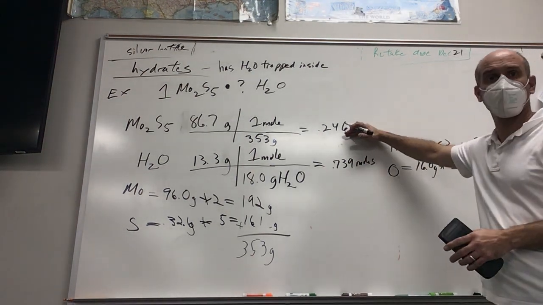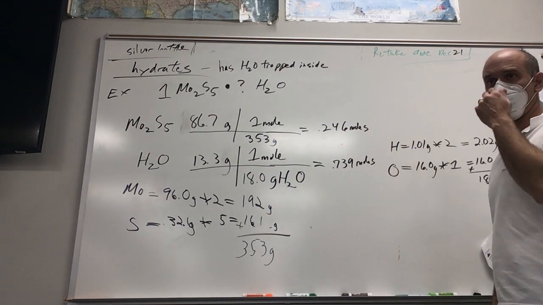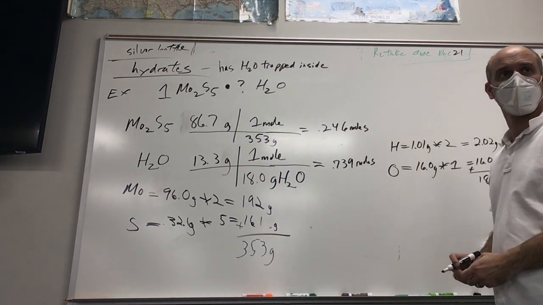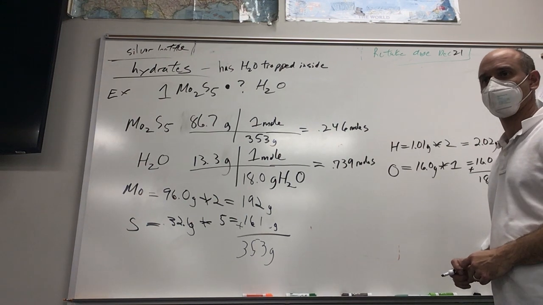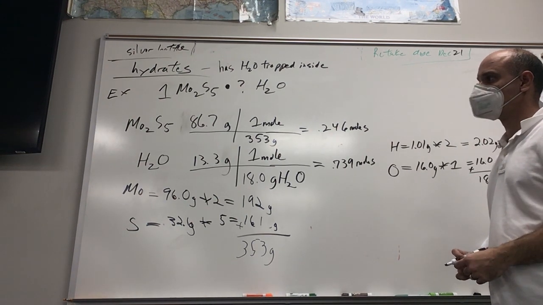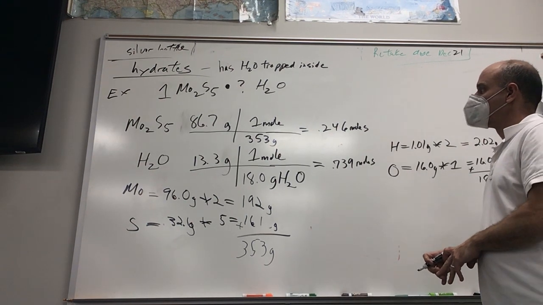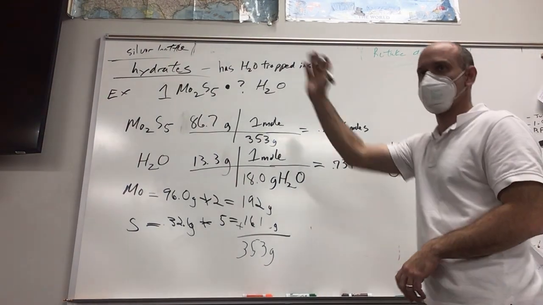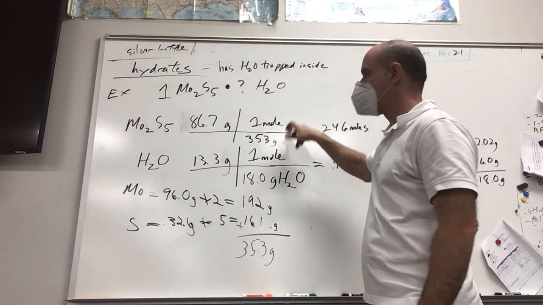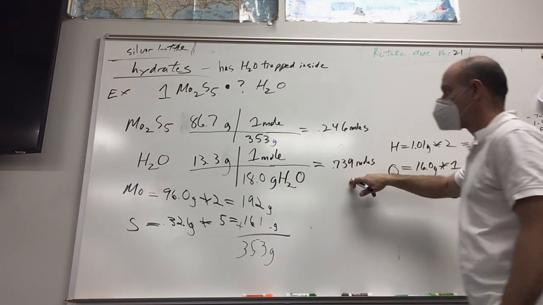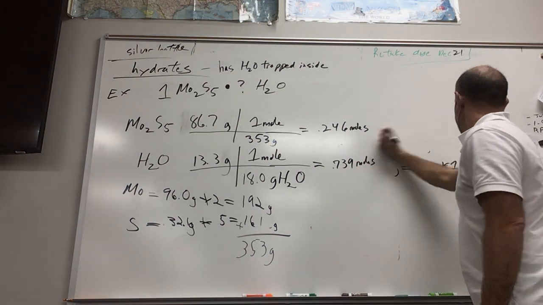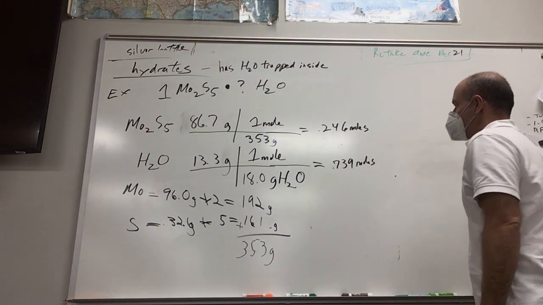So that's the moles of molybdenum sulfide, that's the moles of water. So again, the process is just the same as we did before. Calculate to moles, get the ratio, and then divide by the smallest one to get whole numbers.